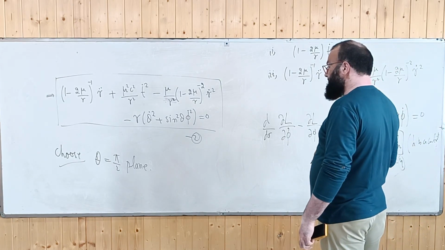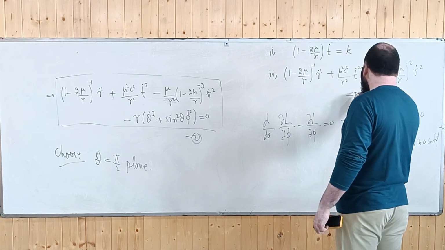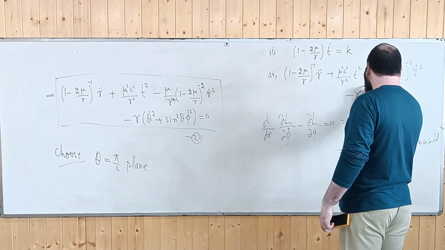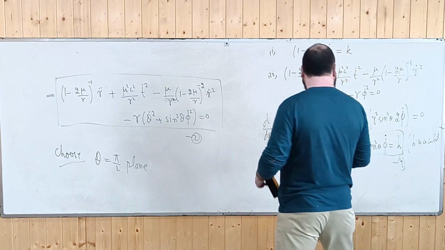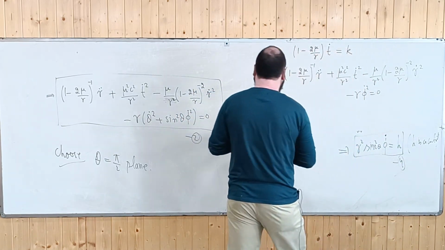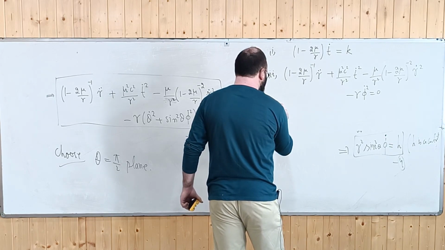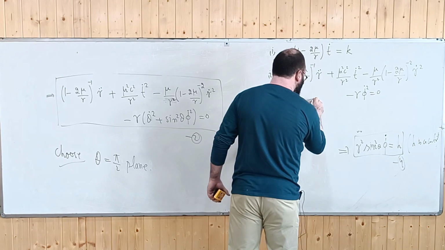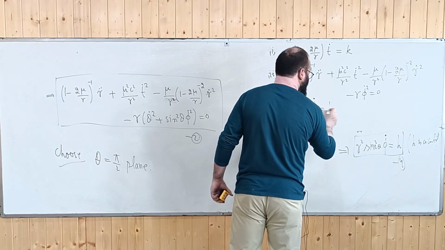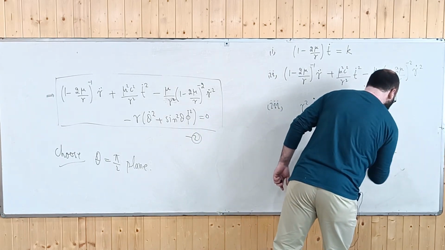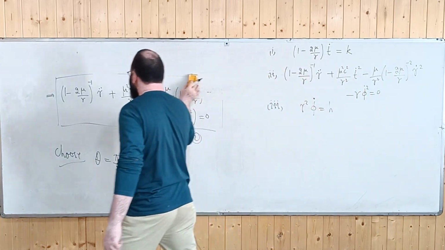Theta is fixed, so you will have only minus r, sine square theta will be 1, so r phi dot square is equal to 0. There will be no theta equation because theta is fixed. So the third equation will be r square phi dot is equal to h. Clear? Now let's try to interpret these equations.